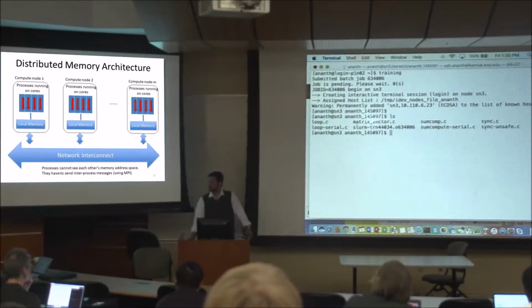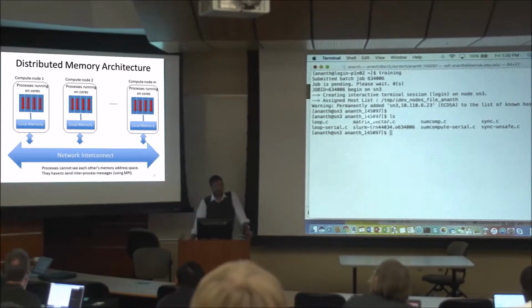So the alternate model is the distributed memory, where you can think of it as multiple shared memories connected over a network. In Kamiak, for example, we have multiple compute nodes. Each compute node internally is a shared memory architecture, and those compute nodes are connected through a network backbone, an interconnect, InfiniBand.